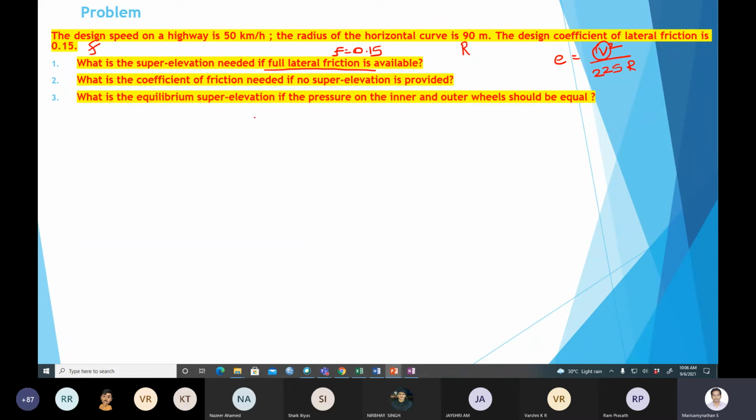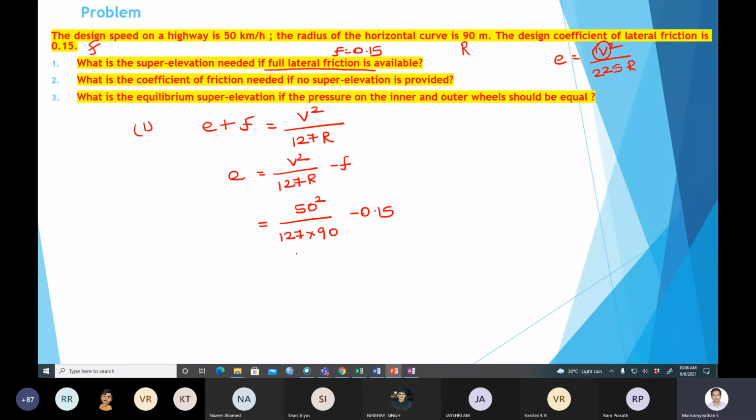So according to that, we follow the standard equation for super elevation estimation: E plus F is equal to V squared divided by 127 into R. So E is equal to V squared divided by 127 into R, minus F. As I mentioned, full lateral friction is available, so there is no need to assume 75% in the design speed. So V squared is nothing but 50 squared divided by 127 into 90, minus 0.15.